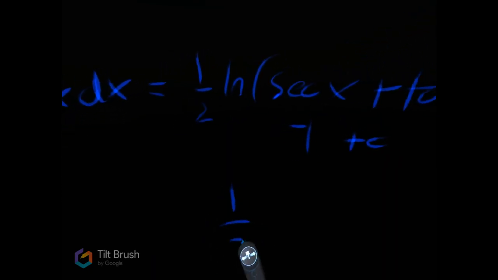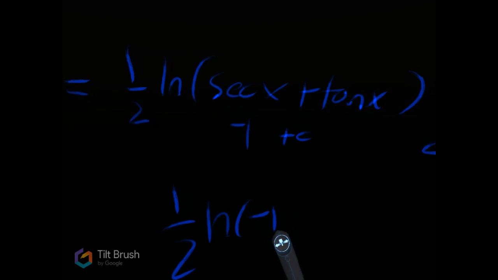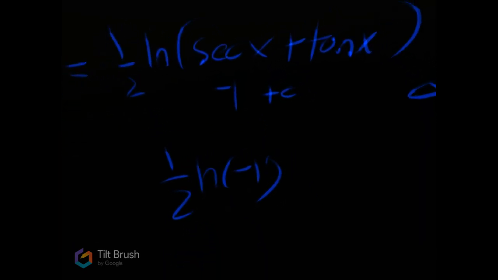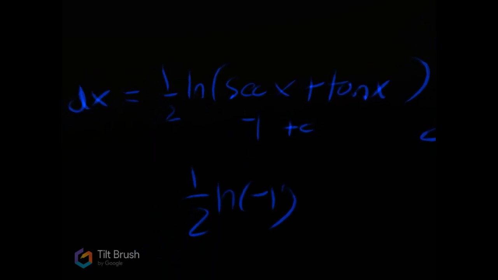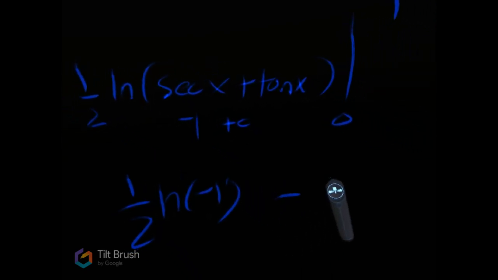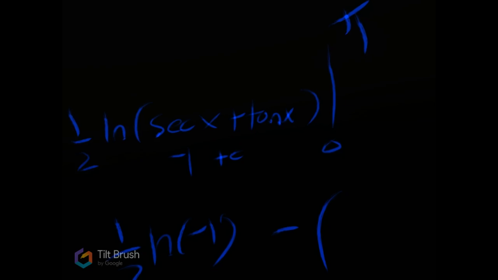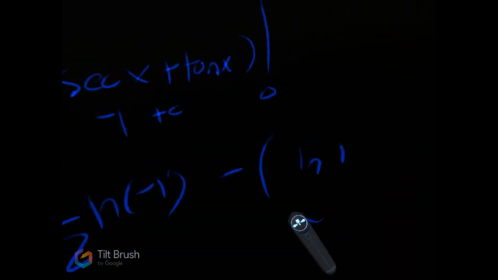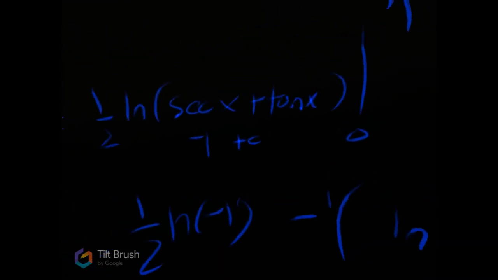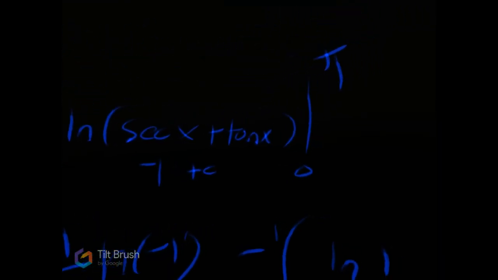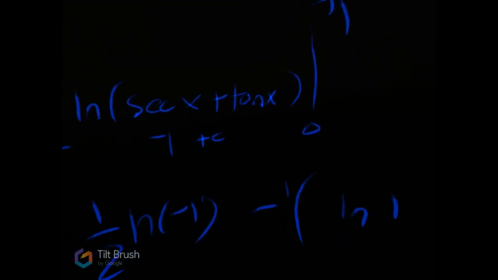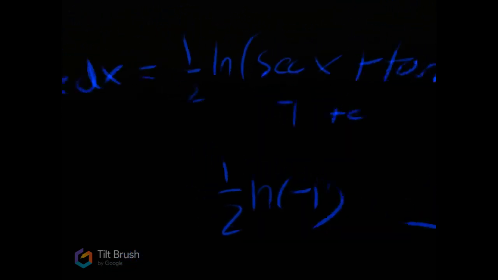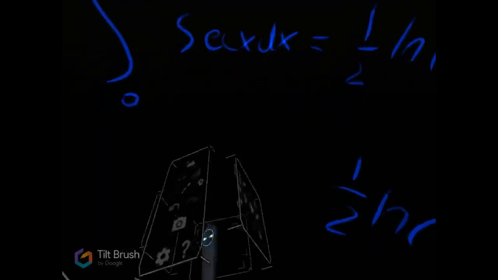Uh-oh, so we have a 1/2 ln of -1, which isn't good because you can't have a negative in a natural log. Minus ln of 1, which is just 0, right? So I think the answer would be like this diverges.